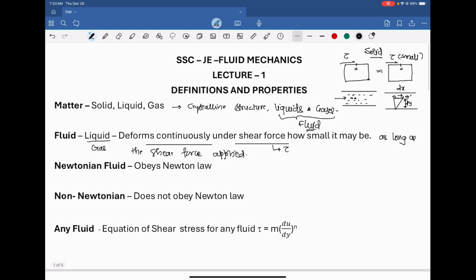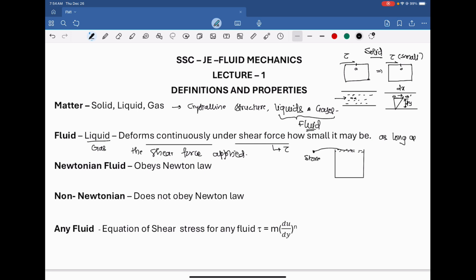There is a pond here, water is still, water is not moving. Initial condition, water is up to this level, top level. You have thrown a stone from here, it touches, it moves in this way.